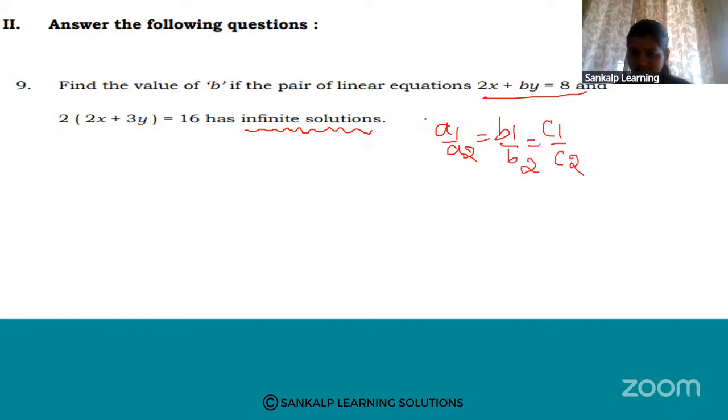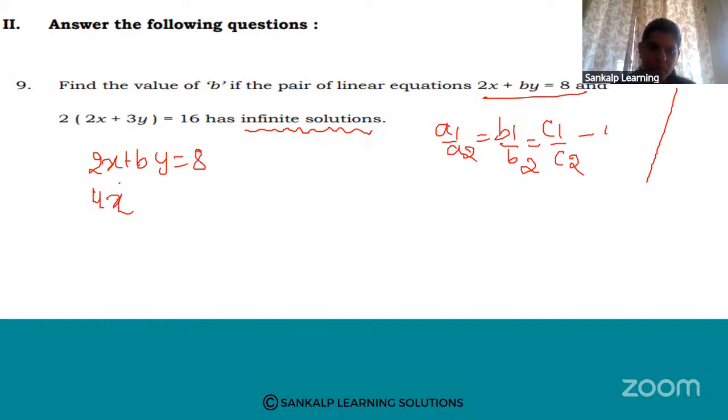In this condition, it has infinitely many solutions, right? So the two lines are overlapping on each other, or coincident. So the equations are 2x plus by is equal to 8 and 2 into 2x, that is 4x, plus 2 into 3, that is 6y, is equal to 16, right?